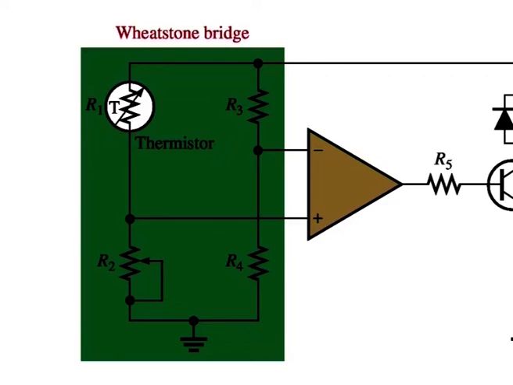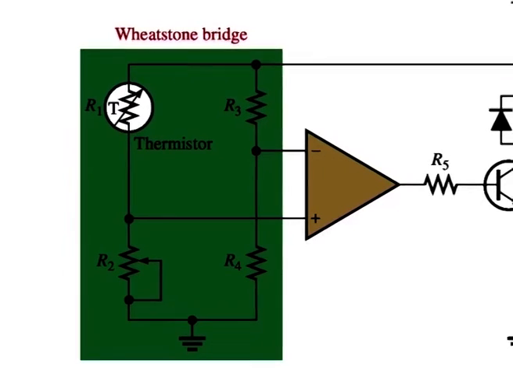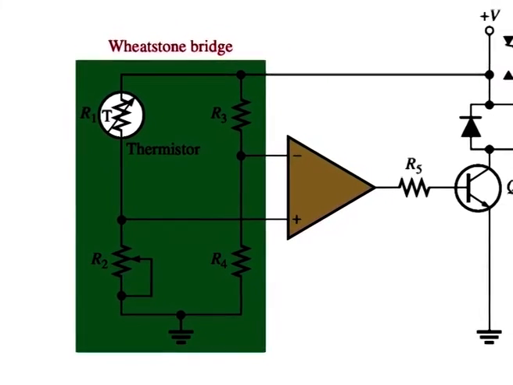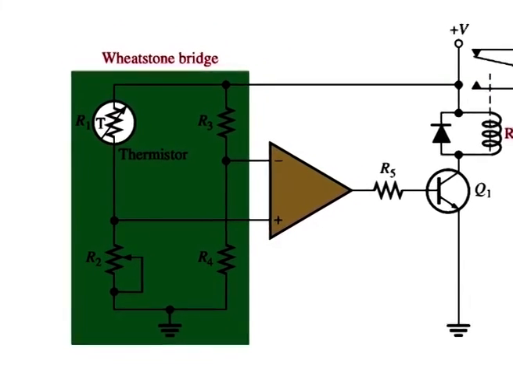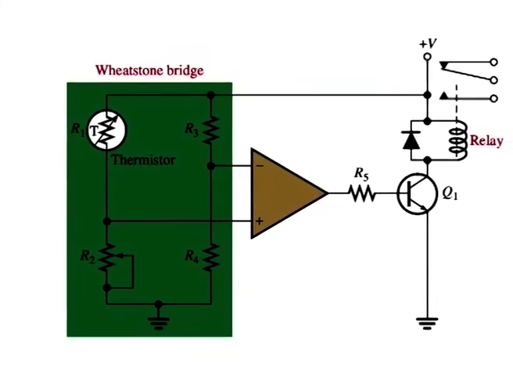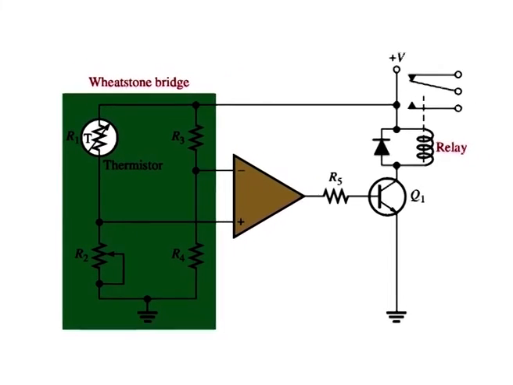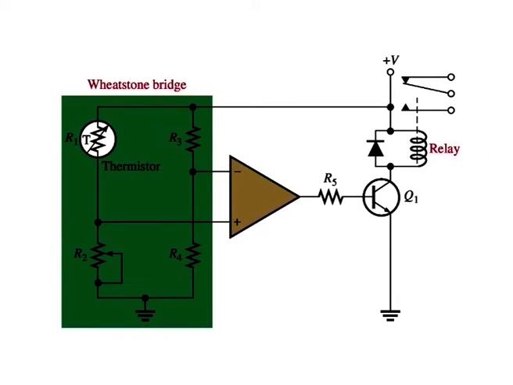At normal temperatures, that is below critical, R1 is greater than R2, thus creating an unbalanced condition that drives the op amp to its low saturated output level and keeps transistor Q1 off.